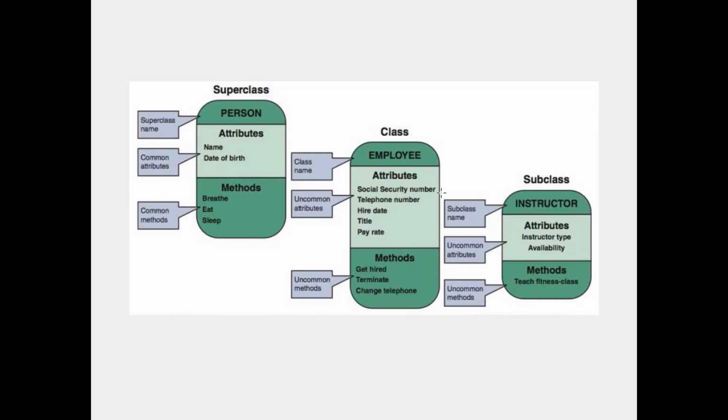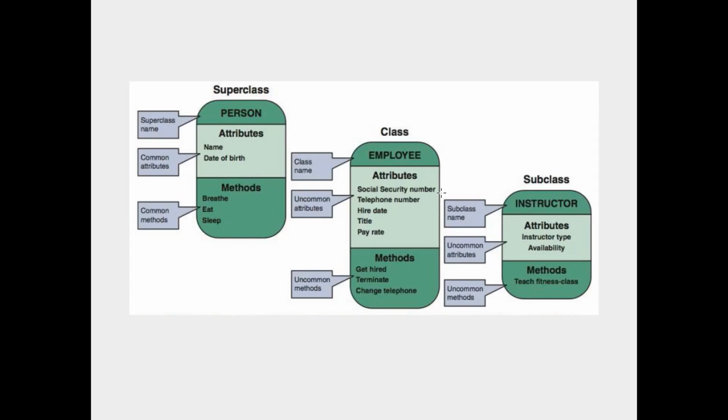Now you can have superclasses. A superclass is a more generic class. In this particular case, when I say more generic class, it means the person. So the person class is a more generic class.